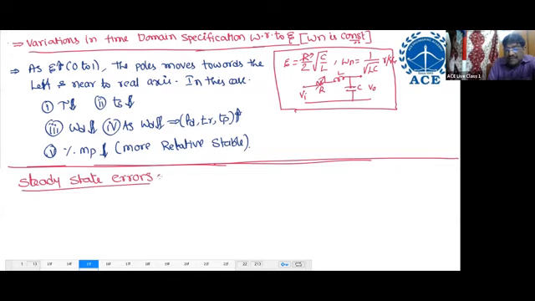So first, what is the definition of error? Error is nothing but the deviation of the output from the input.